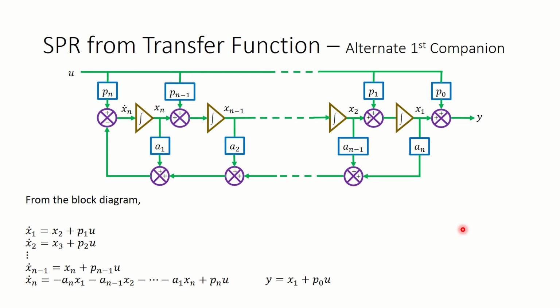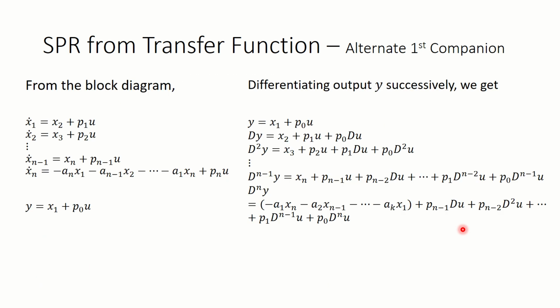We are converting the transfer function to the state space representation, not the block diagram as such. So we are going through the path of the block diagram in this case, but we could do that only when we already knew the block diagram of the original first companion form. So now we are playing with the block diagram. However, from the transfer function, we don't have the knowledge of p0 to pn. So p0 to pn we need to evaluate. So that is the task now.